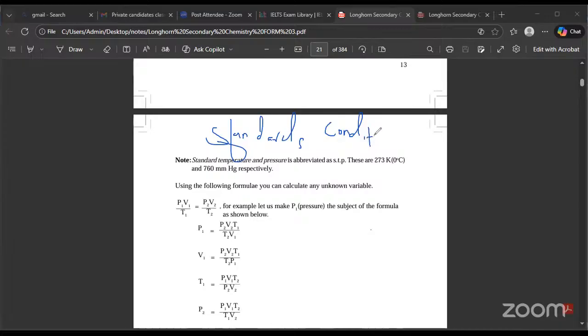So we have two standard conditions that we study in combined gases. Number one, that is number one. We have number two now, which umeulizia sasa, which you call the RTP.